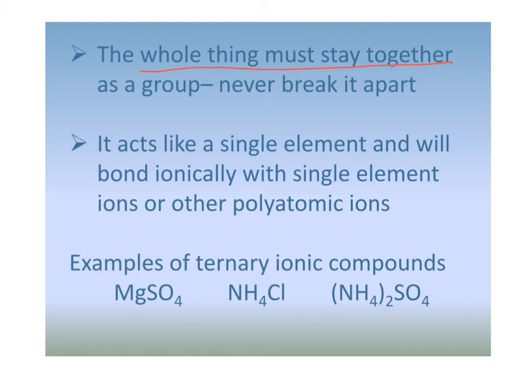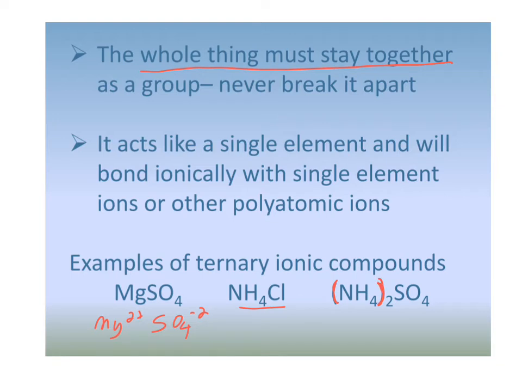And some examples. This is a compound formed by the magnesium 2+ ion and the sulfate polyatomic, which is -2. This is a compound formed with the +1 ammonium ion, a polyatomic ion, and then the -1 chloride ion.